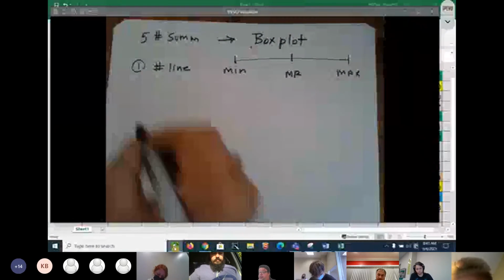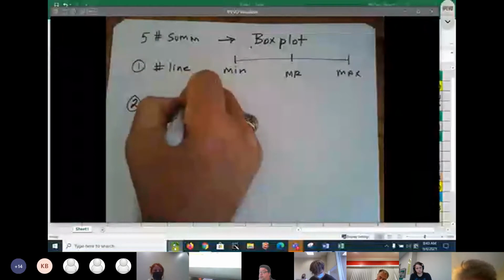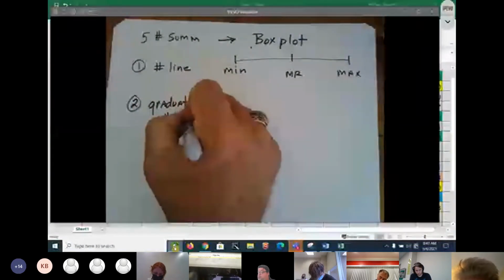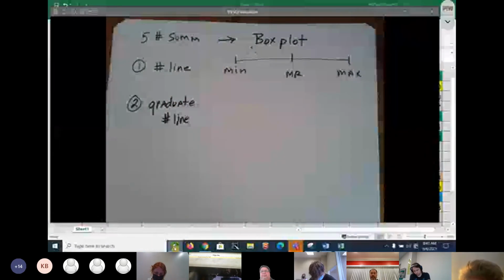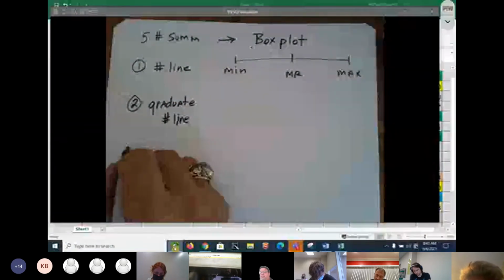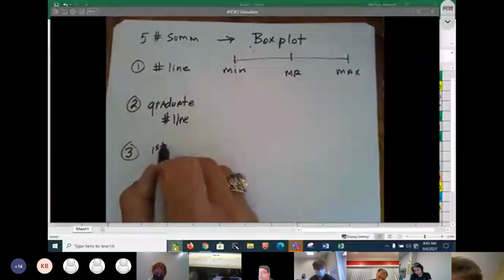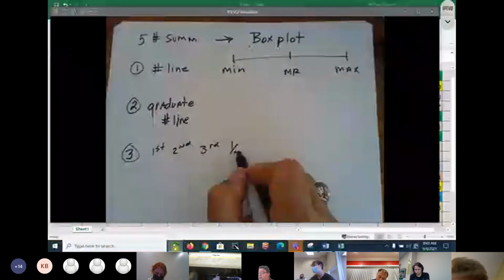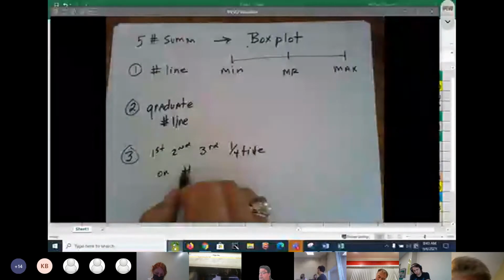The second thing you do is you graduate the number line. That means put lines on it so that you can actually plot something. And then third, plot the first, second, and third quartiles on the number line.